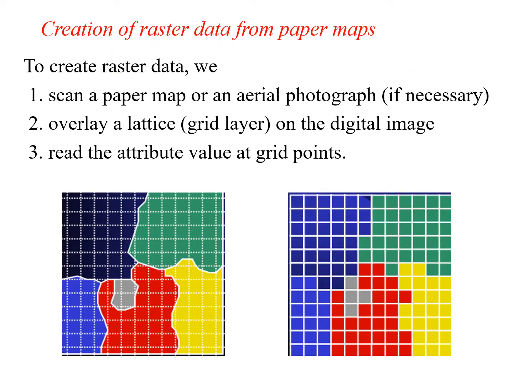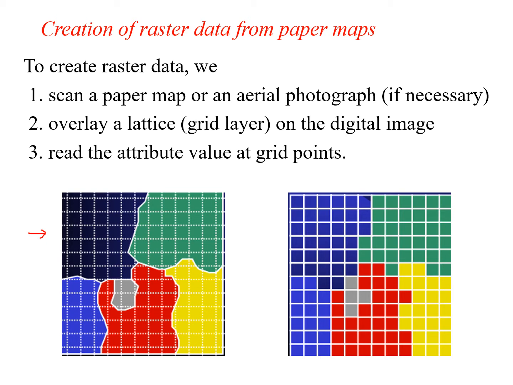So how can raster data be collected or created from paper maps? You have a paper map like this. What you do is make a grid on the paper with one definite size of cell, and the cell is nothing but your pixel size, right?